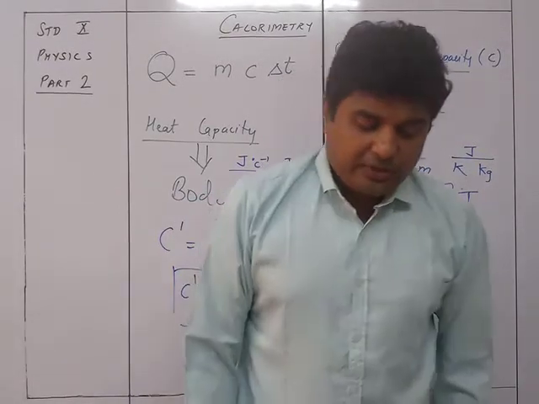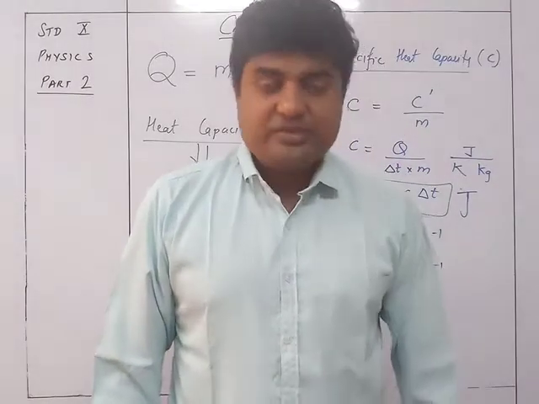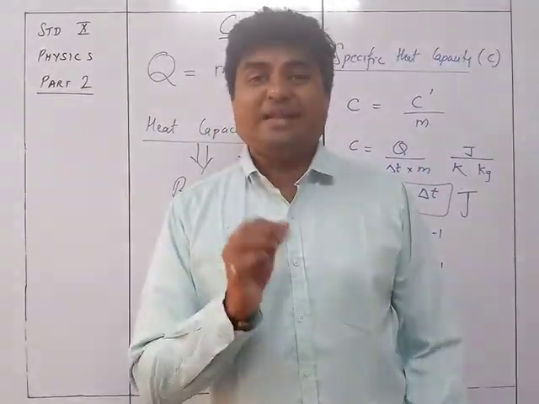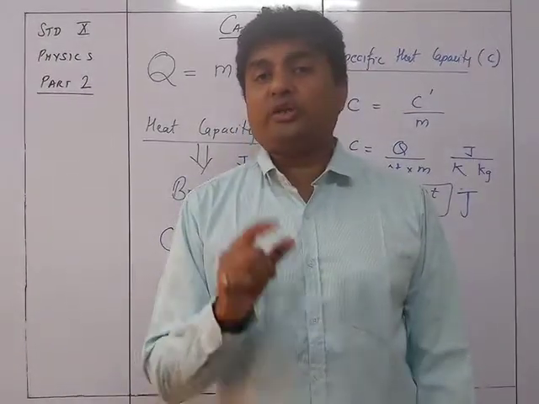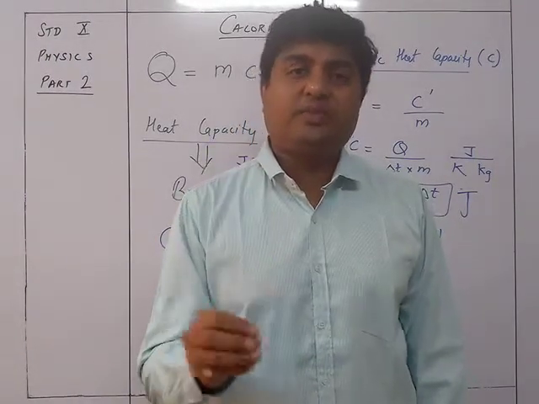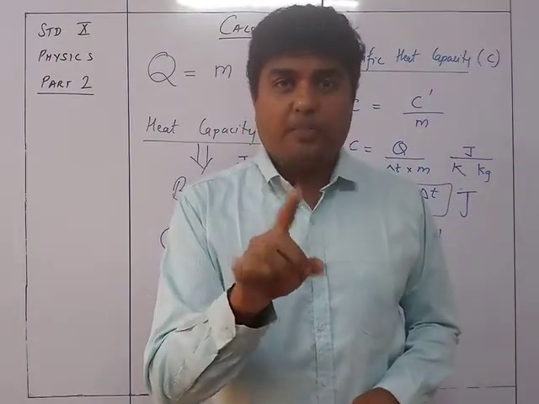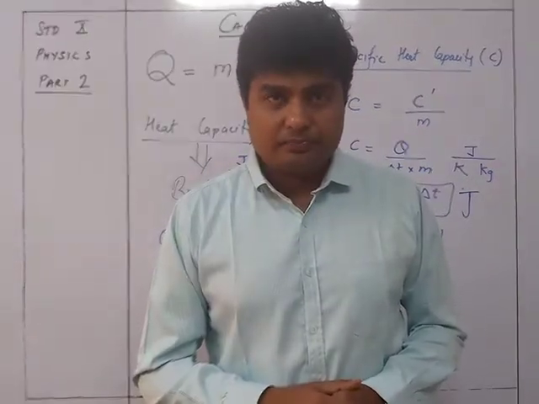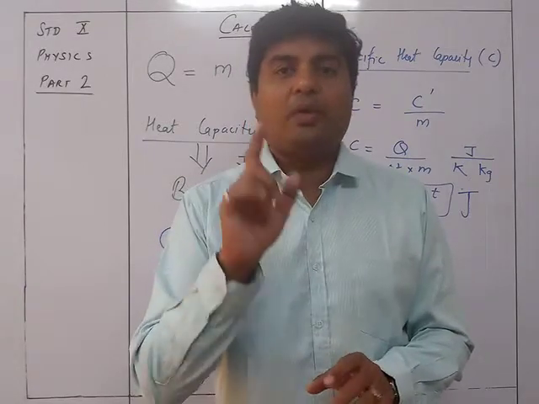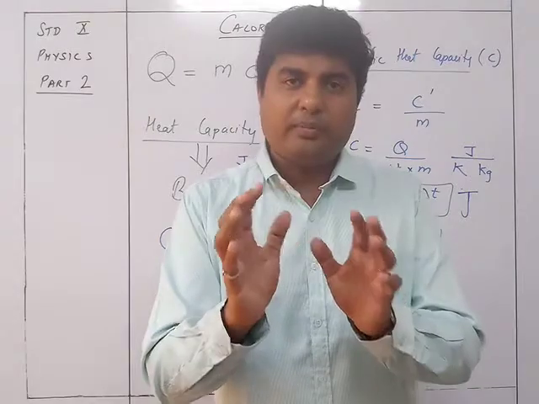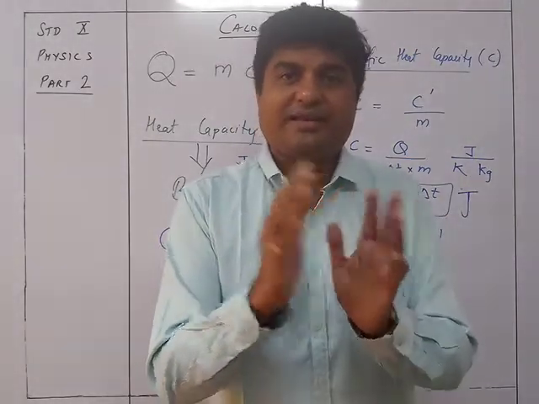Note, if specific heat capacity of copper is 0.4 joule per gram per Kelvin, it means that 0.4 joule of heat energy will be required to heat 1 gram of copper by 1 Kelvin. Not degree Kelvin. See, Kelvin never has degree, because it doesn't require degree, unlike degree Celsius and degree Fahrenheit.